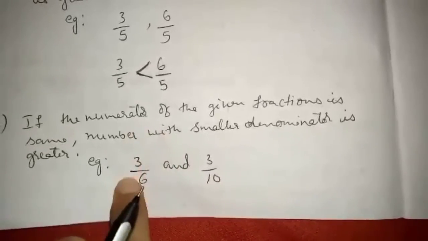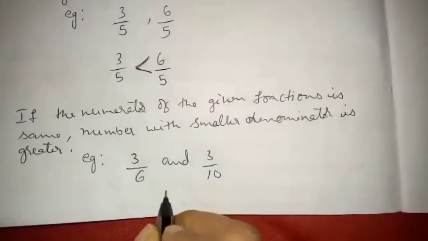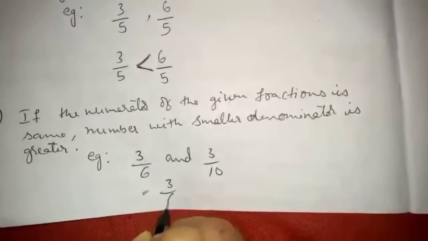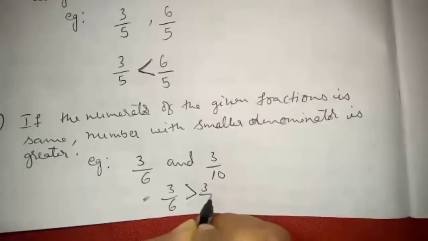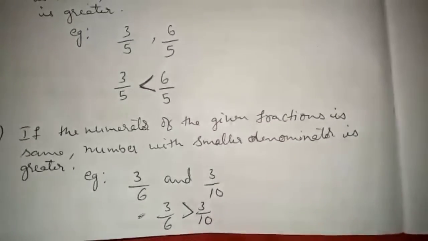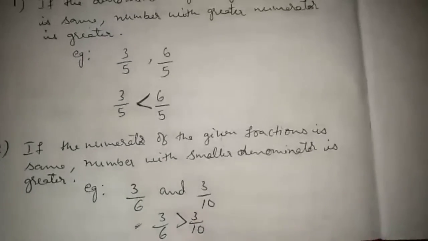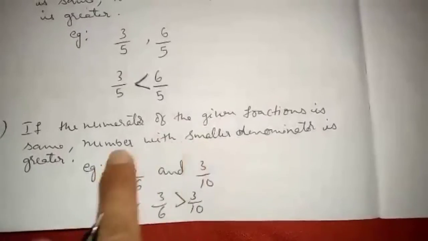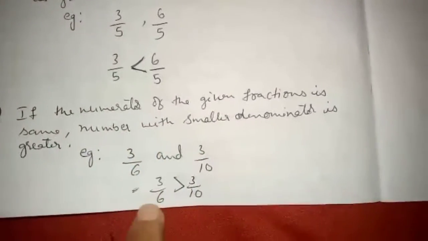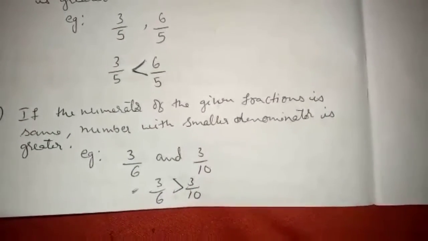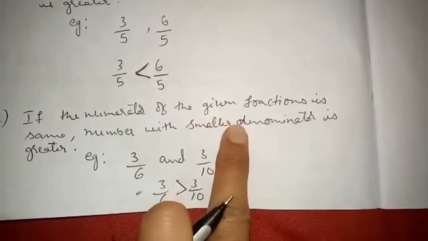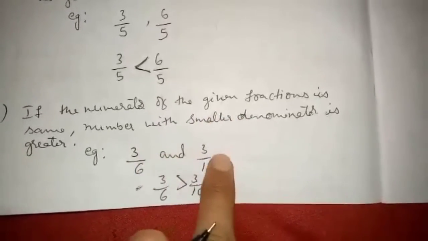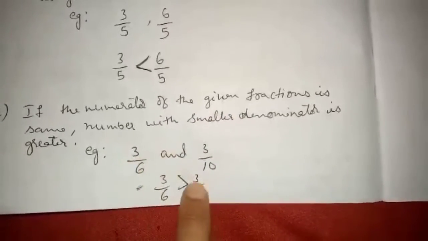So this fraction becomes the greater fraction. So what will you write? 3 by 6 is greater than 3 by 10. Understood? If they have given any fractions, you have to look which is the same. So if numerator is same, you have to check the denominator, which is small, that becomes the greater.